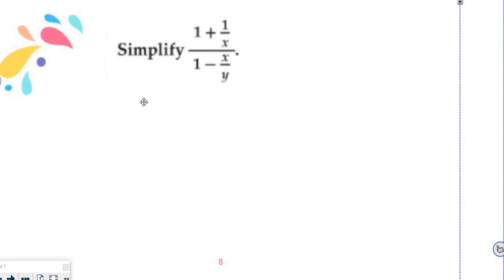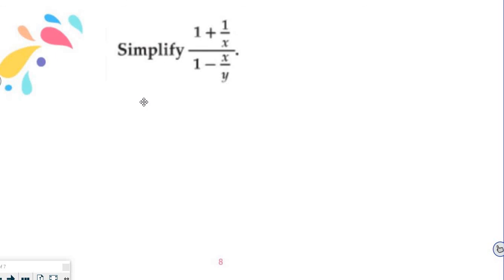Alright. So on this one, notice that we have a complex fraction. But this is kind of a different complex fraction than what we had on Monday. Because remember, on Monday, it was just one fraction divided by another fraction. This one, notice that we have 1 plus a fraction, and then 1 minus a fraction.